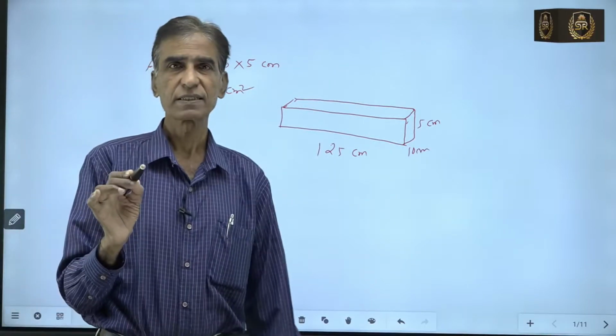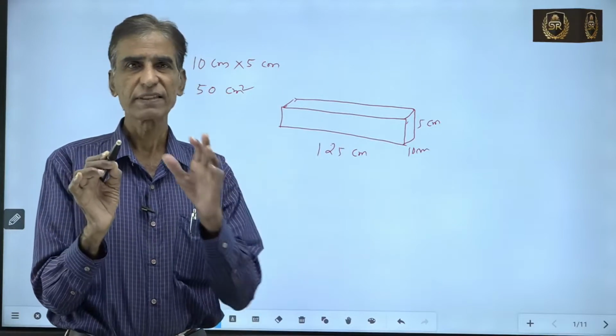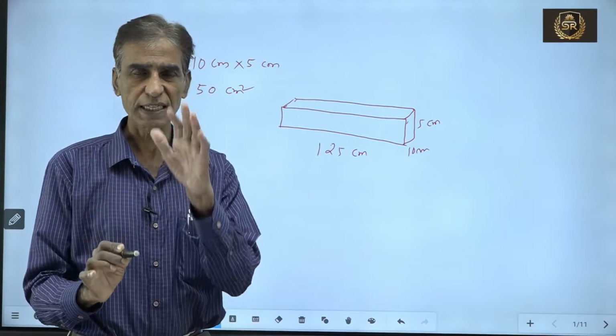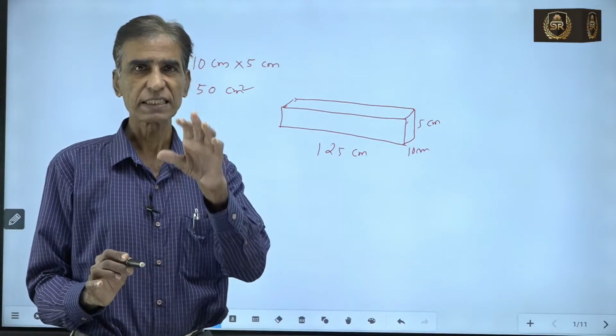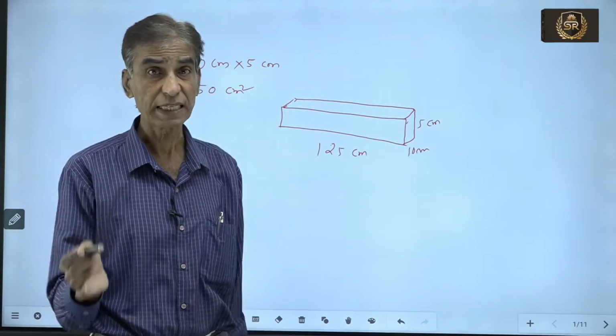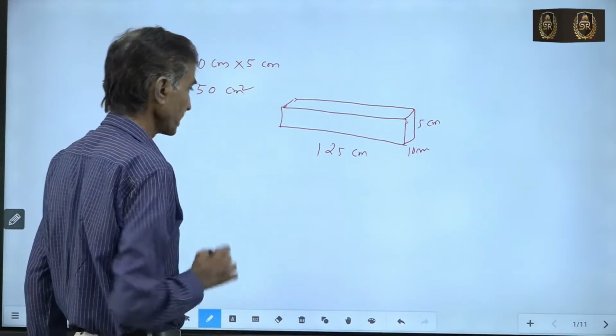Always, answers will generally be given in the SI system only. So any unit that is not in the SI system, first convert into the SI system. What is 1 centimeter square?